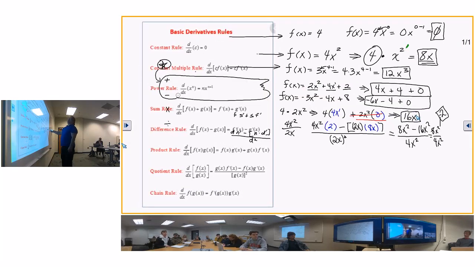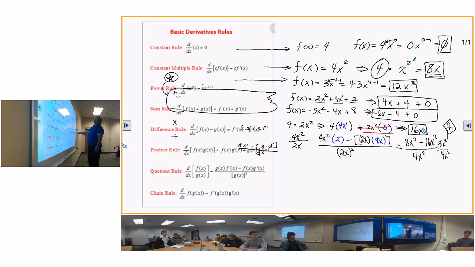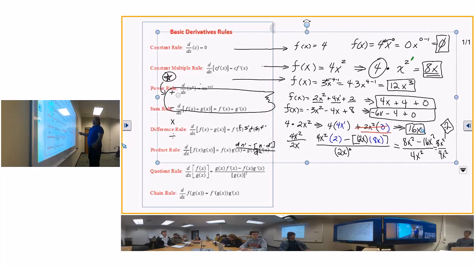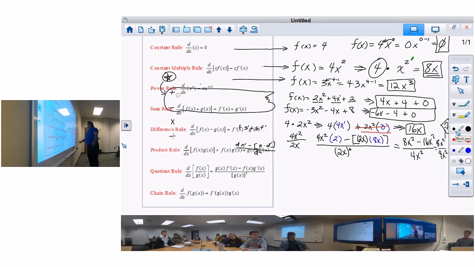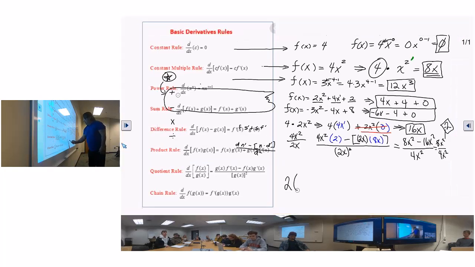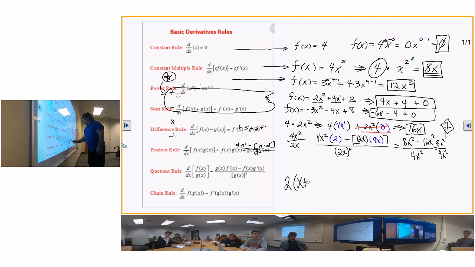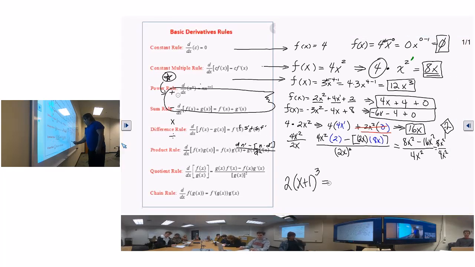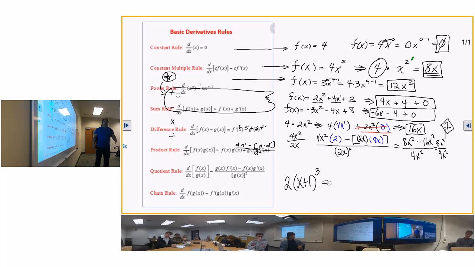And I'll try to, I don't know if I can get this to match up or not, but anyway, that's good enough. Chain rule. The chain rule says 2 times (x plus 1) to the third power. And what do you do there? Well, you do the power rule.